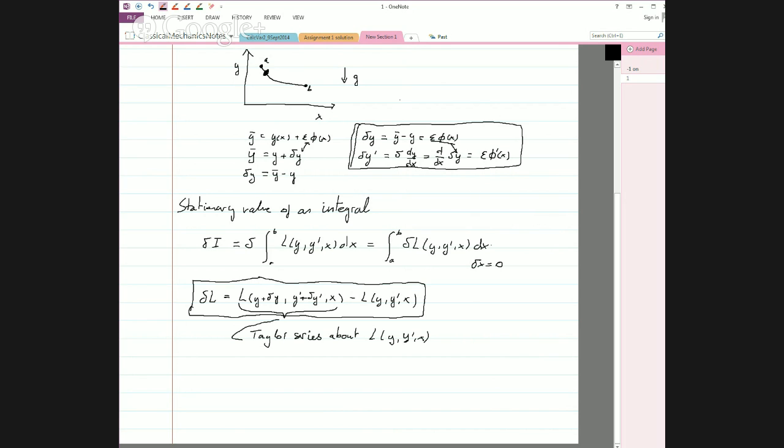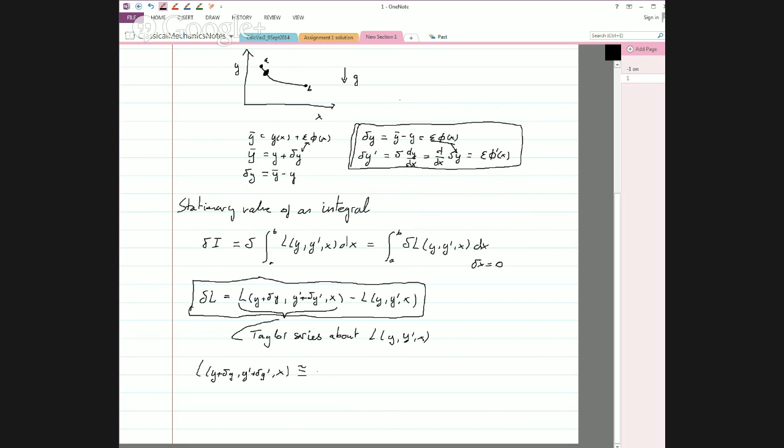Okay? So what is the Taylor series of L evaluated at y plus delta y, y prime plus delta y prime, x around the central value? We only consider the first term in the Taylor series, right?